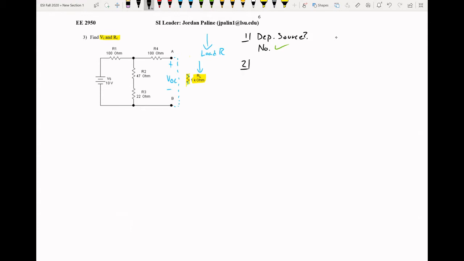Step two, we're going to now zero out our sources. So we only have a battery here. It's another way to draw a battery, plus minus, same way of saying that's just a battery as well. So that will turn into just a wire.